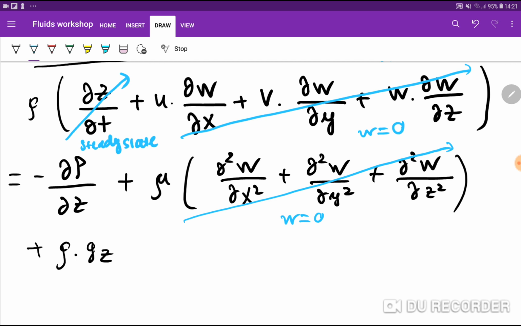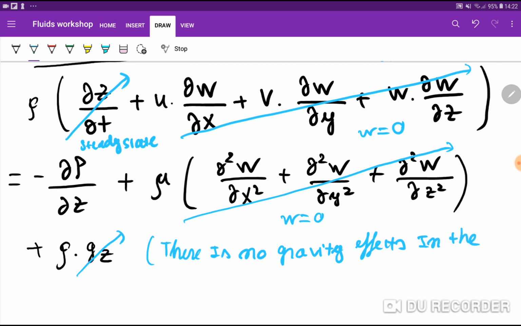Now, how about the gravity effect? It is gone as well because there is no gravity effect in the spanwise or the z direction.